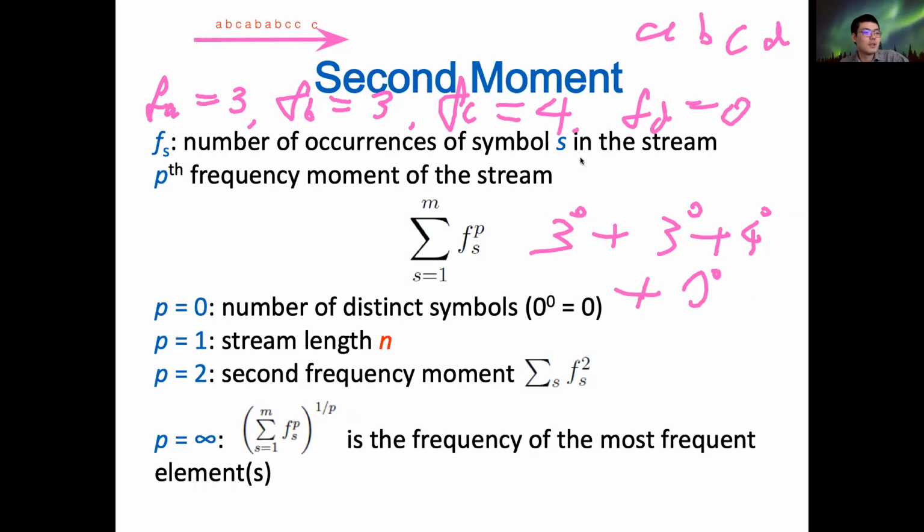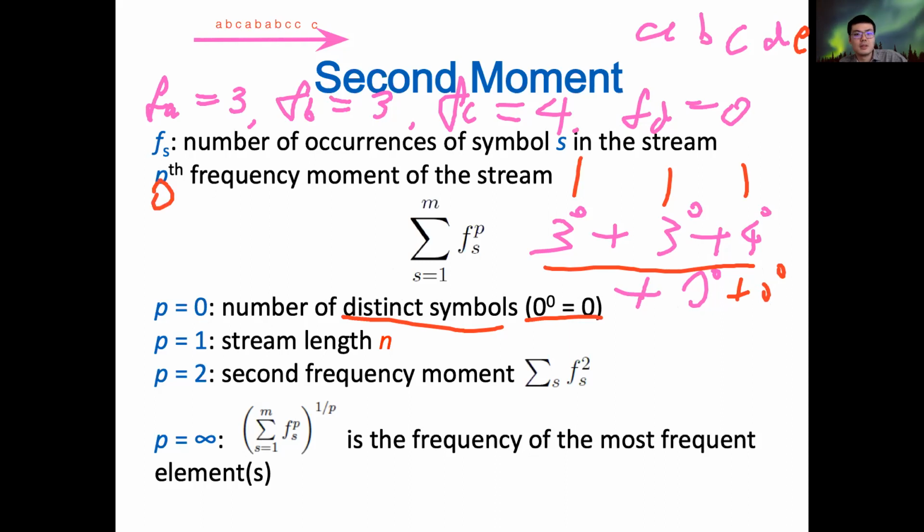Anything to the power of 0 is 1, that's why we want to define this. If some element never appears, we define its contribution as 0. So in that case, you have only 3 items. These are distinct symbols: you only have A, B, C, and you don't have D. Even if you had an E, it would be the same, so your answer is still 3. It counts the distinct symbols with nonzero frequency. I hope it is okay.